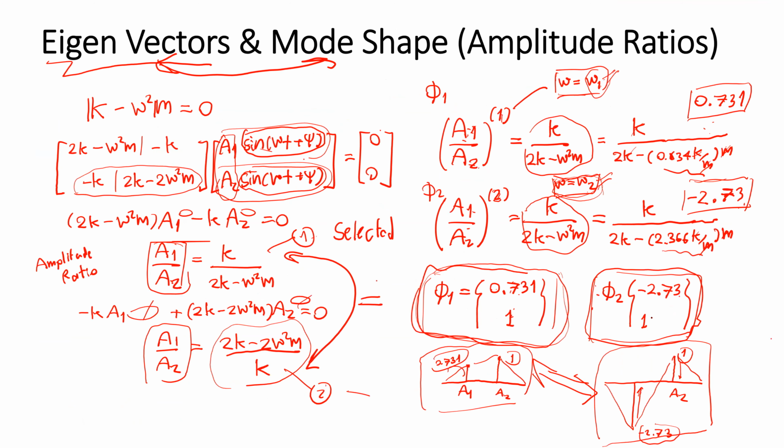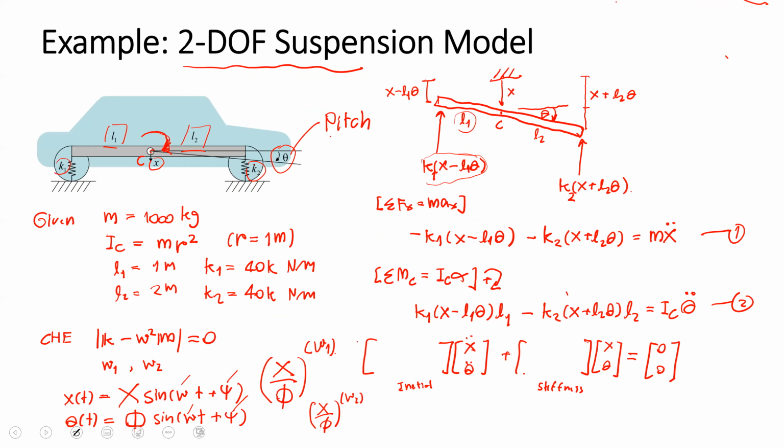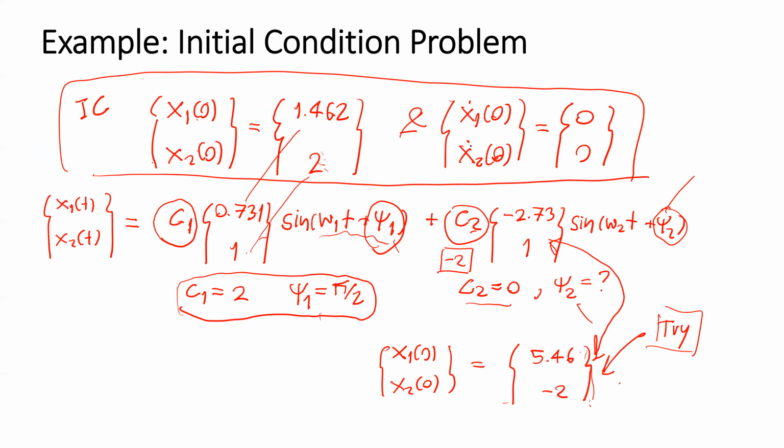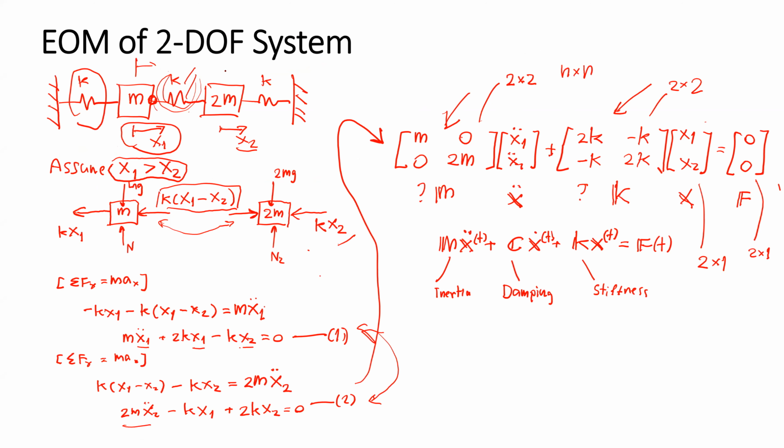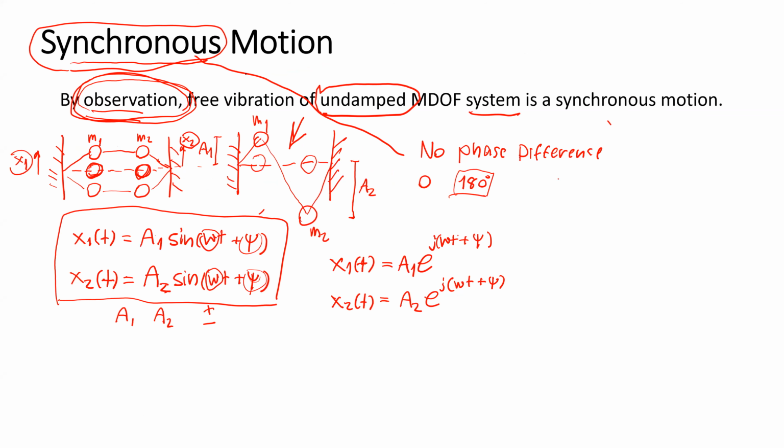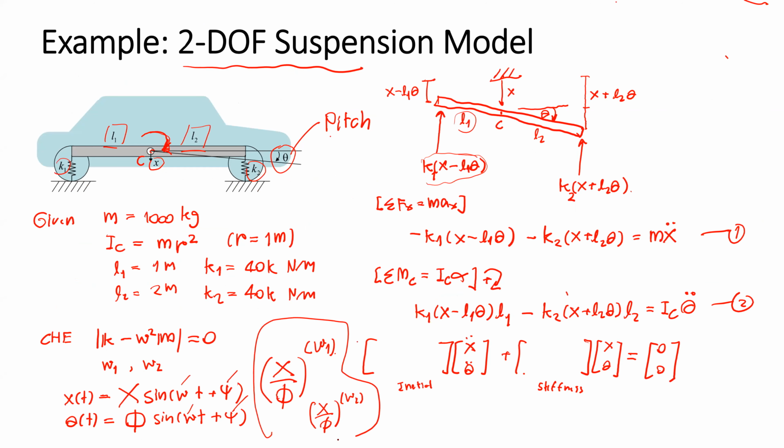But the physical meaning of this magnitude ratio, in this case, is how much mass 1 is moved relative to mass 2. But in this example, the physical meaning of the magnitude ratio is what is the relationship between the vertical motion and the pitch angle?